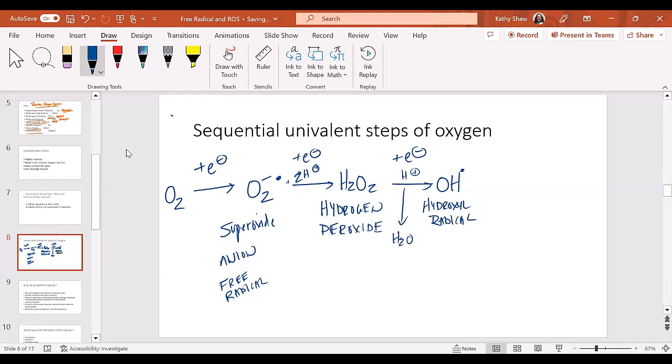This is the most powerful oxygen free radical, the hydroxyl radical. Like we said earlier, hydrogen peroxide was our weakest. Then if we add another electron, that's when we get our water.